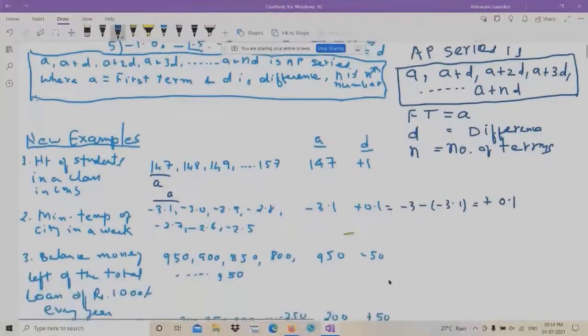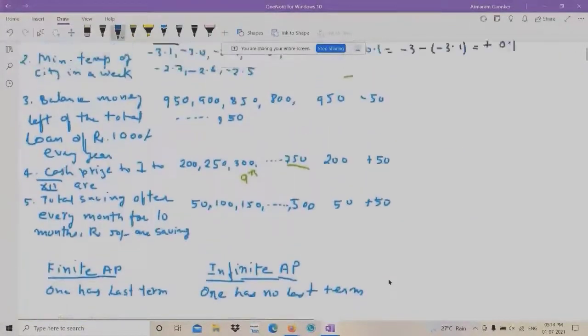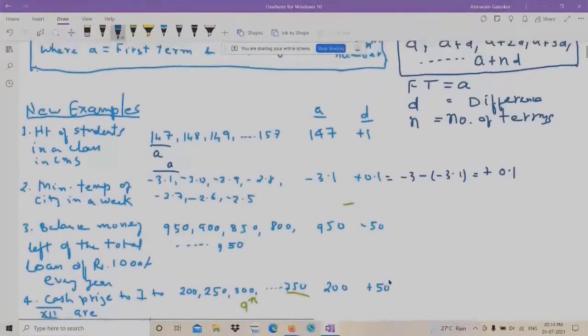So likewise, the balance money left of the total, because if you understand this, you will solve this type of problem. This type of simple problems will be asked. So the balance money left of the total loan of rupees 1,000, paid every year. Every year 50 rupees is paid. So the first year the balance is 950, then 900 and so on, and the last balance will be 50.